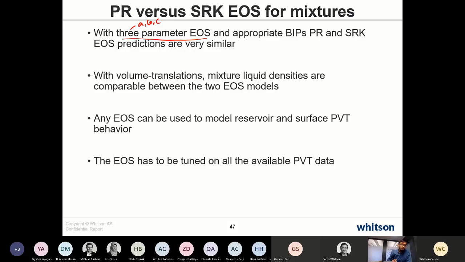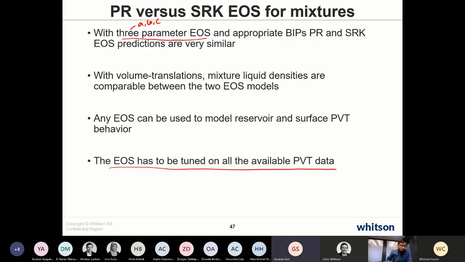And that's something we have gone through a lot of times: if you have PVT data available, we should try to use all the data that's available in the EOS model development, and not just a subset of the PVT data. Yes, Gerardo?